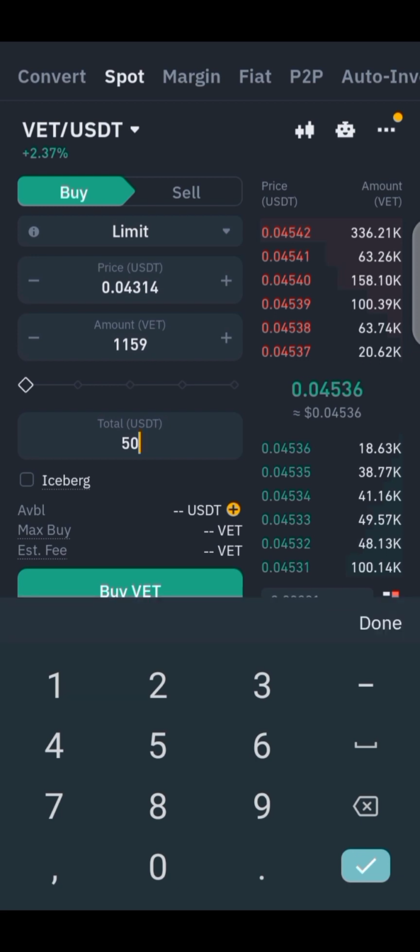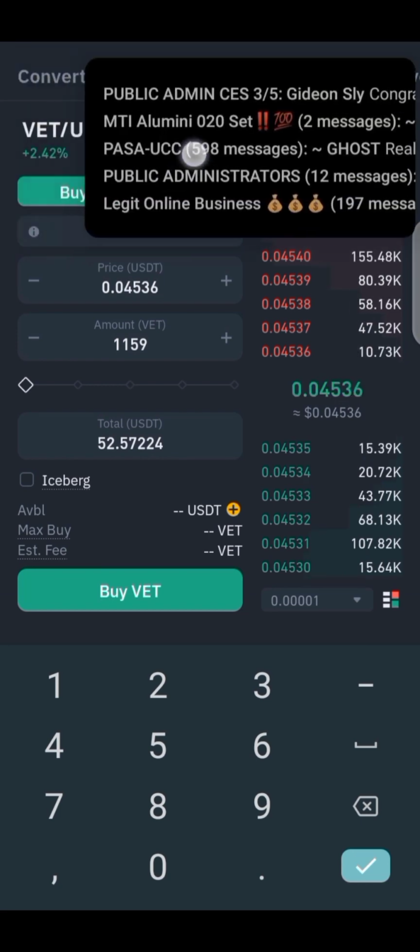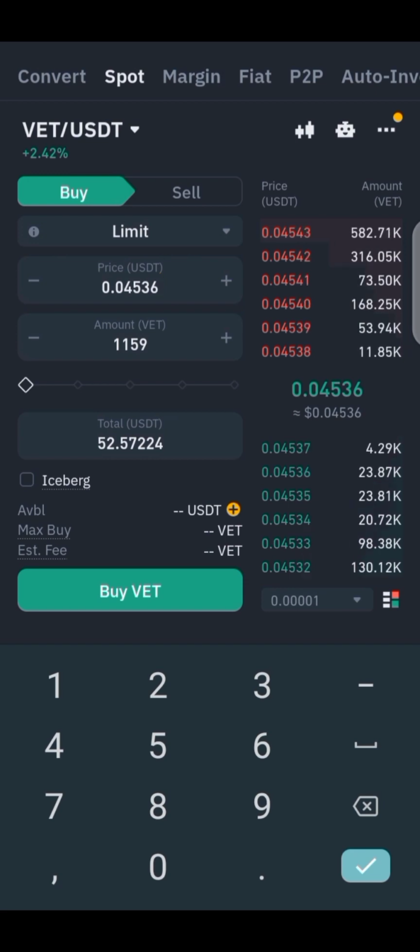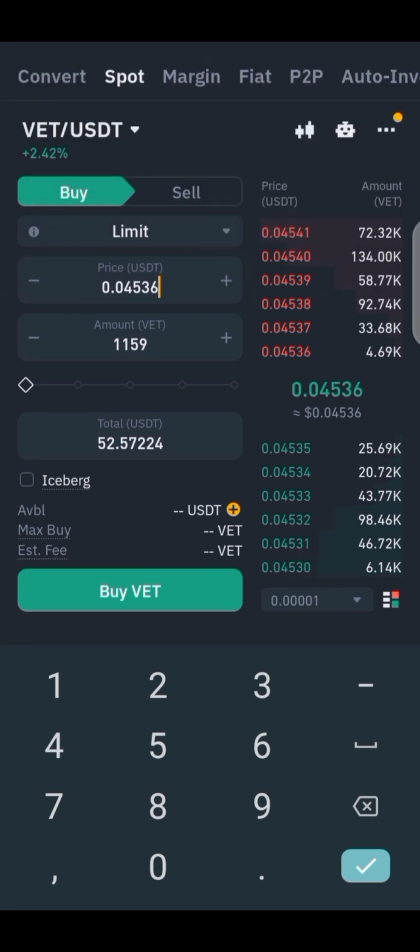Let's see how much we're making if it were sold at this point. You bought it at 0.04313, and you now sell it at this current price, 0.04536. You'll be making a profit of $2.5 in just 4 or 5 hours.